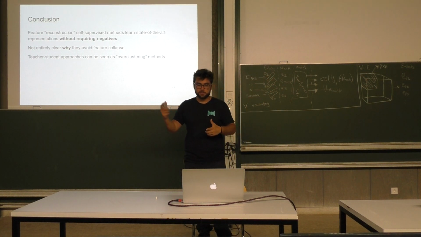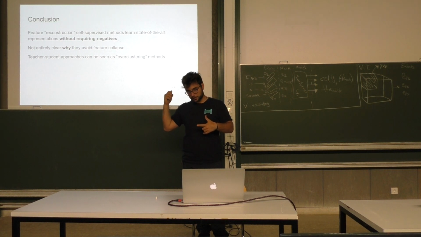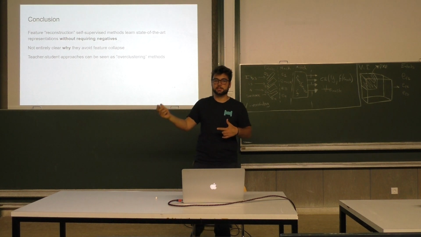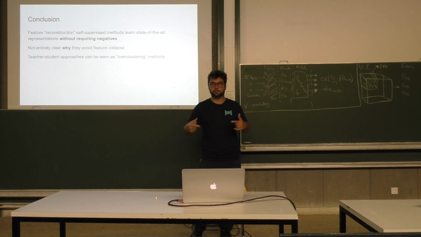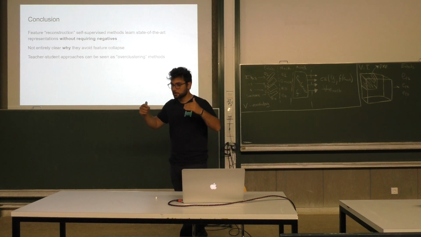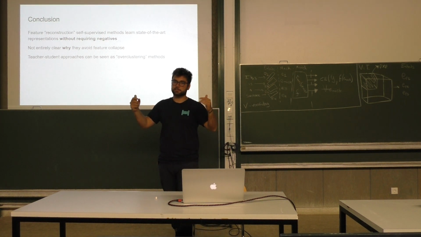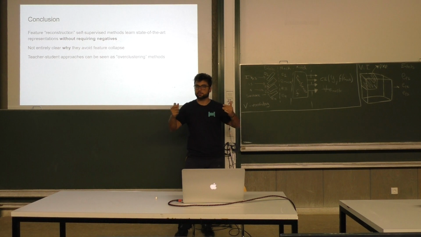Second, even though we don't require negatives, this method that I presented, called BYOL, is still sensitive to the batch size like SimCLR, but at much smaller batch sizes. So you can even train this model with a much smaller batch size. It's less sensitive, but it still requires a sufficiently large batch size, like 512.